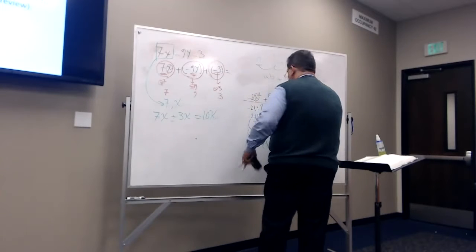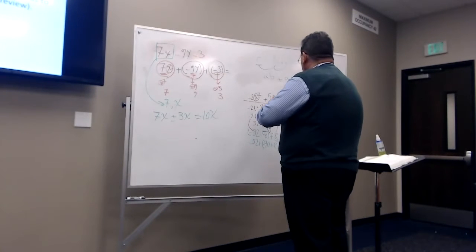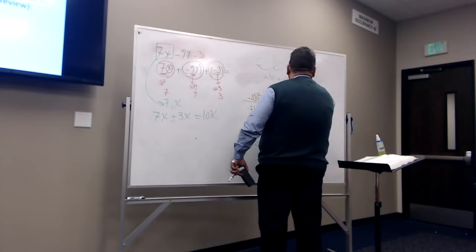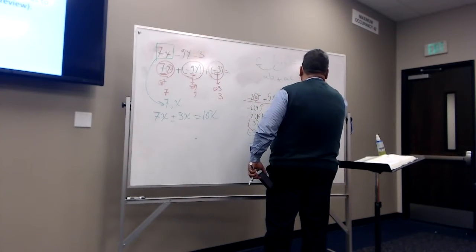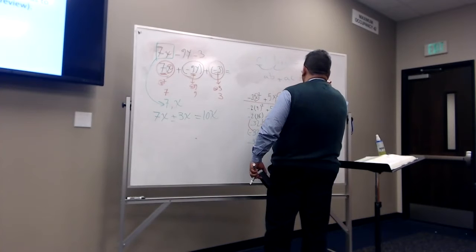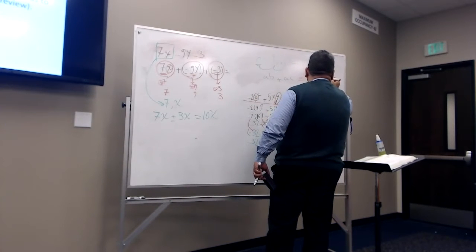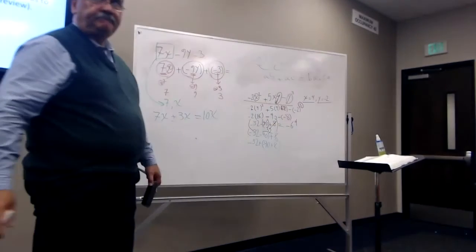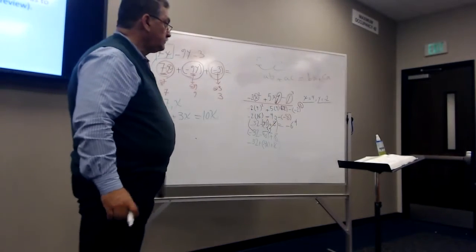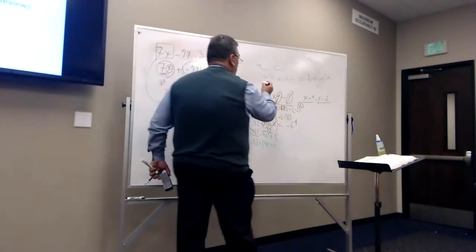Or this is equal to BA, I can reverse their place, plus CA. Yes? They're multiplied.